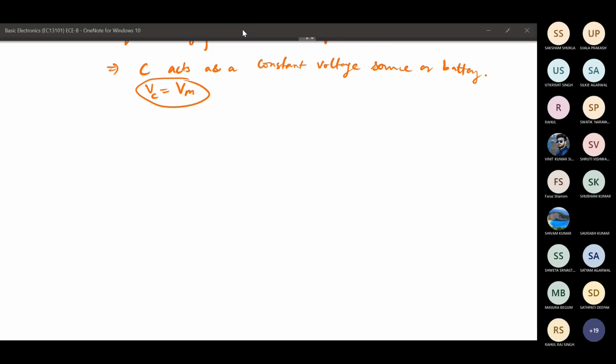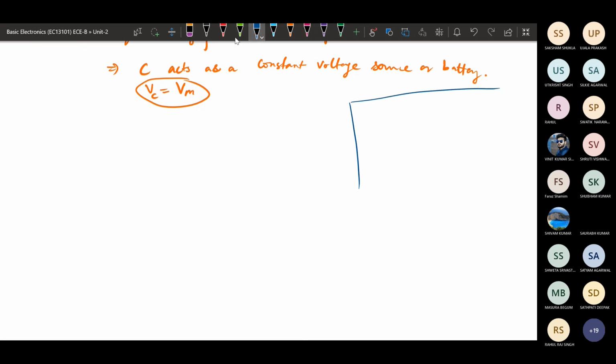Now we can just summarize the content. In case of positive clamper circuit, whatever the input is there, with respect to that, what output we will be getting. The output that we will be getting is whatever input we are applying plus the Vm. It should be minus, but the charging of the capacitor is in the opposite direction, so there will be the minus Vm, so it will be plus Vm.